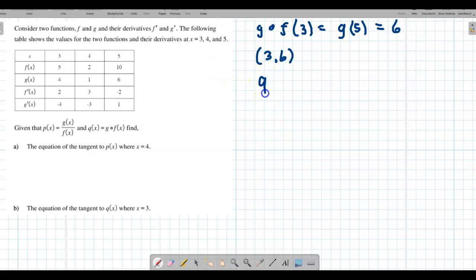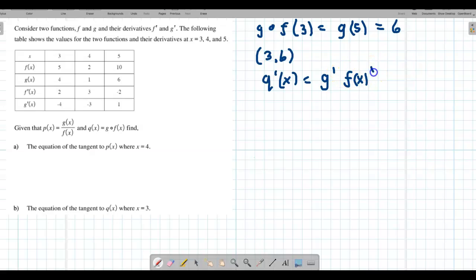Now if I'm looking for Q dash, so I'm looking to differentiate Q using the chain rule, what I'm looking for here is G dash of f of x.